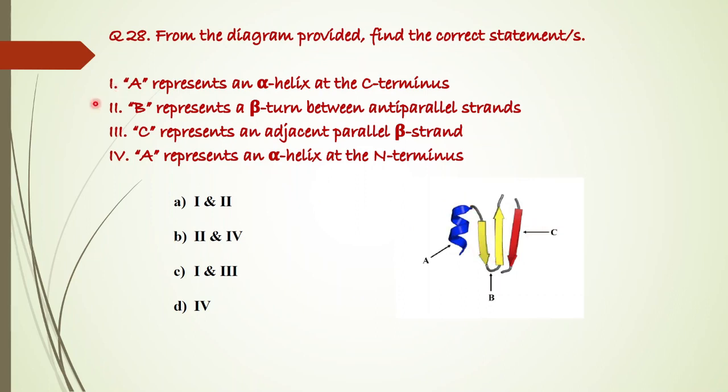Okay, so the first statement says A represents an alpha helix at the C terminus. 2 says B represents a beta turn between anti-parallel strands. 3 states C represents an adjacent parallel beta strand, and 4 states A represents an alpha helix at the N terminus. So these were your 4 options.